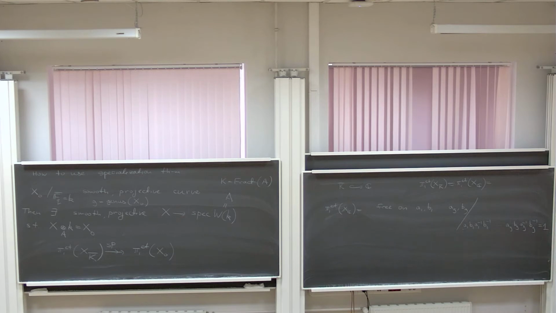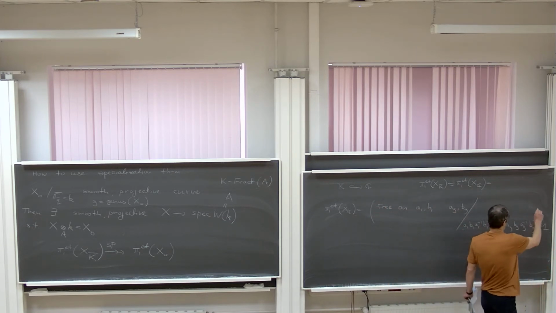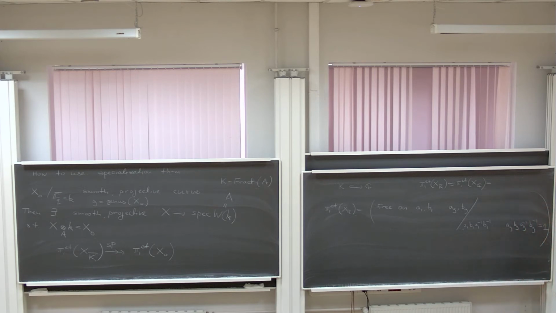So you take the smallest normal subgroup that contains this element, and so this is a discrete group, and the étale fundamental group is its profinite completion.